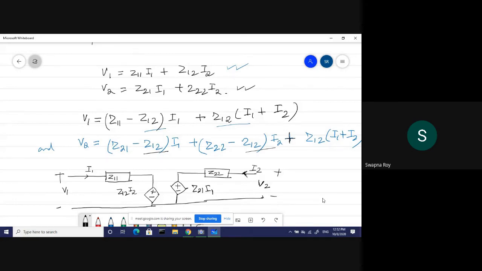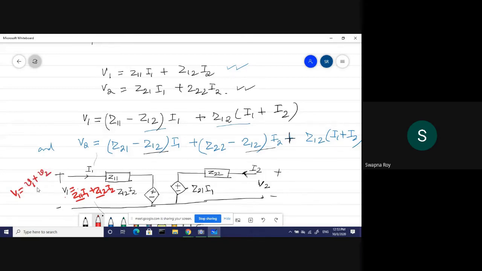So the input port voltage V1 is equal to Z11 I1 plus Z12 I2. That means this voltage is the sum of two voltages. This V1 is equal to small v1 plus small v2.